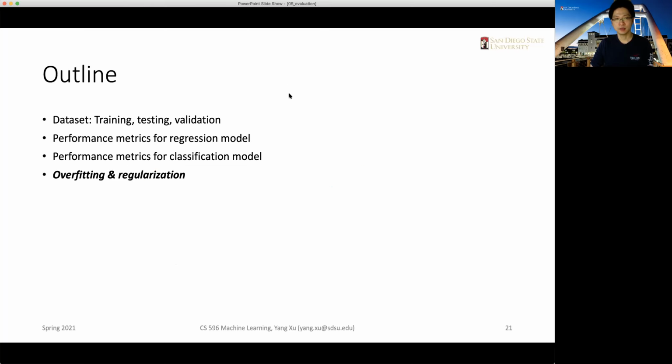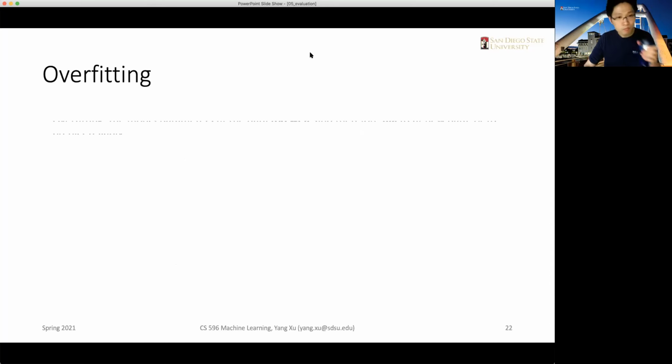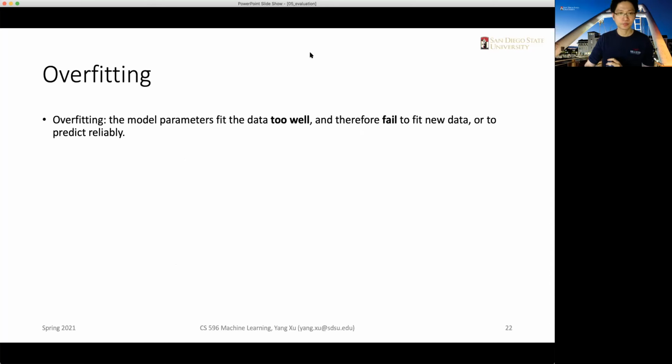All right, okay. So that's pretty much for how to evaluate classification models. So next, let's talk about the issue of overfitting and regularization techniques. All right.